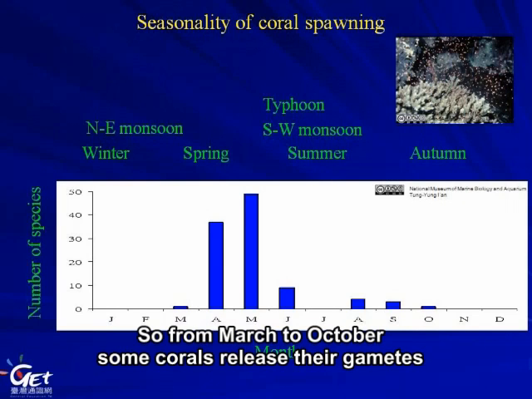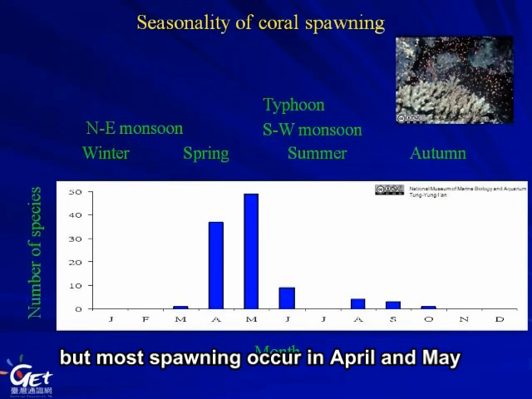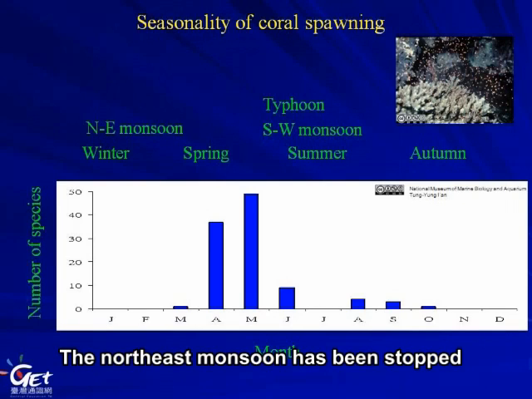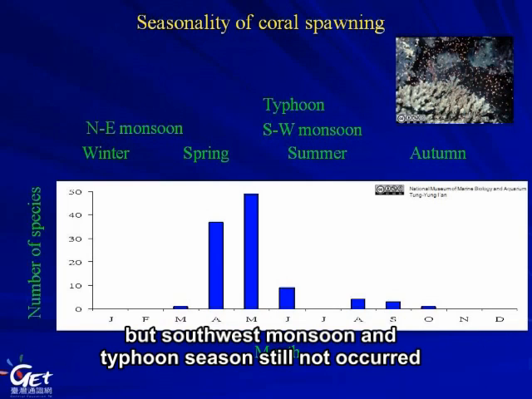So from March to October, some corals release their gametes, but mass spawning occurs in April and May. It's late spring and early summer, the northeast monsoon has stopped, but the southwest monsoon and typhoon season have not yet occurred.